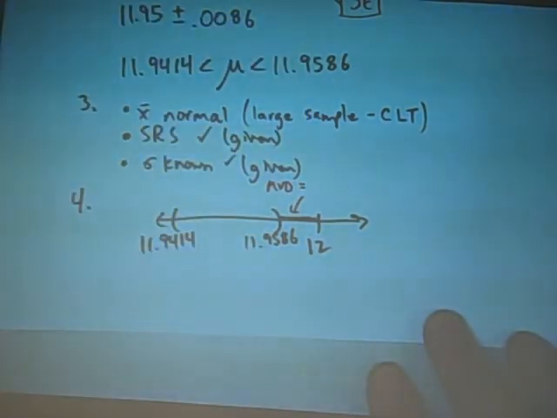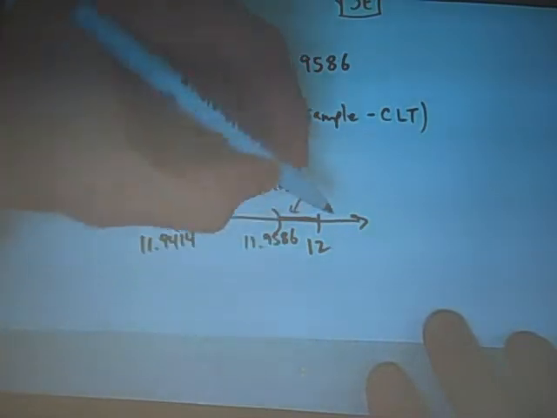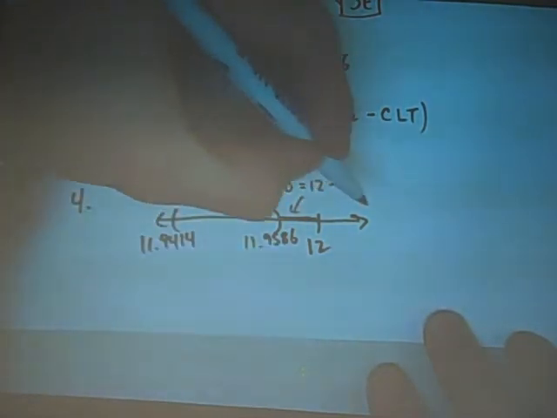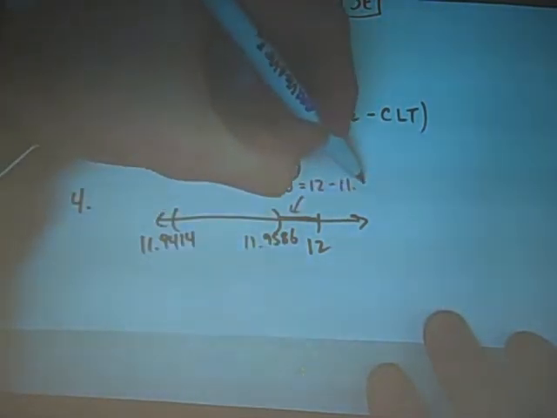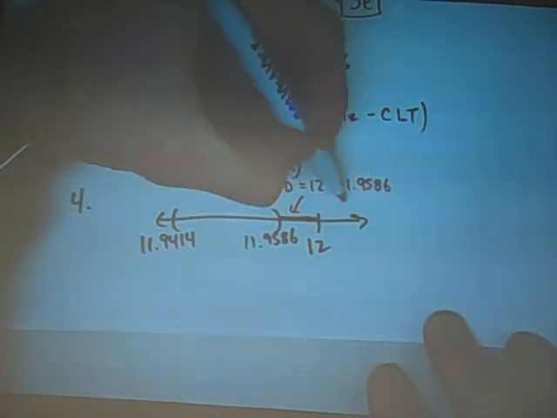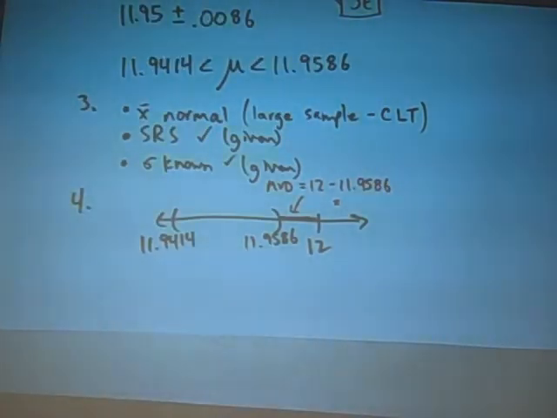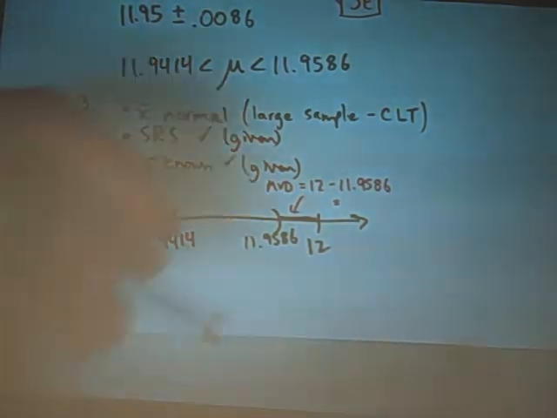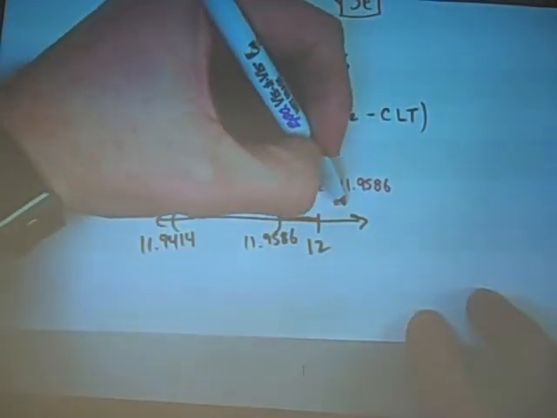MVD stands for minimum verifiable difference. And the MVD is 12 minus 11.9586. And so the MVD turns out to be 0.0414 ounces.